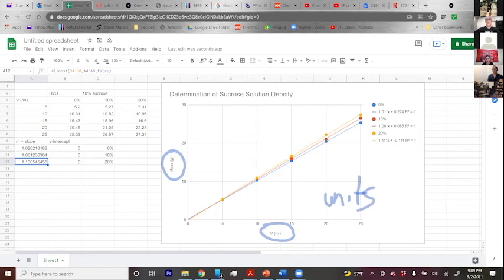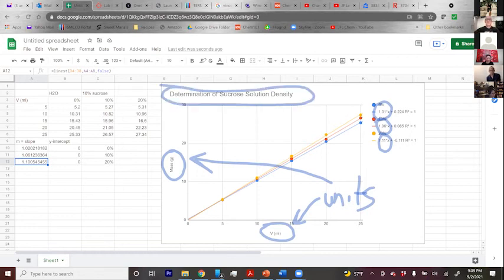If I don't know what the units are, I don't know what these slopes mean. So it has to have units for both volume and mass. It has to have a title. I need to know what it is I'm looking at. So you should have a title, maybe the date, something like that in there.